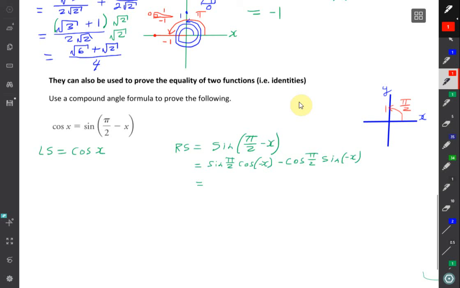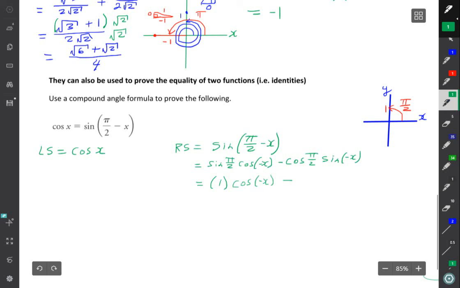So in this case, sine of pi over 2 is 1, and we have the cos of minus x minus the cos of pi over 2, so the adjacent is 0, over the hypotenuse, which is 1, which leaves us with 0. Sine of minus x. And what we have here now is the cos of minus x, and that's minus 0 times sine of minus x, so there's nothing here.